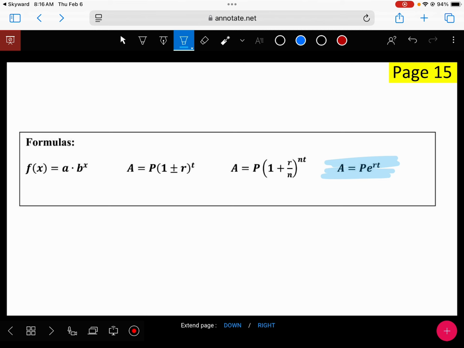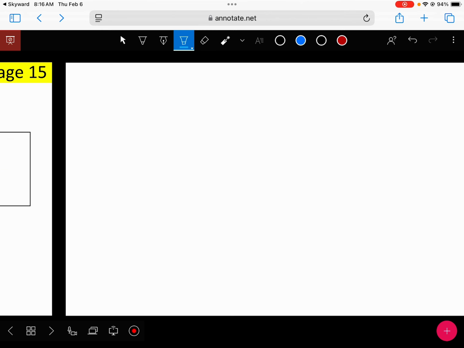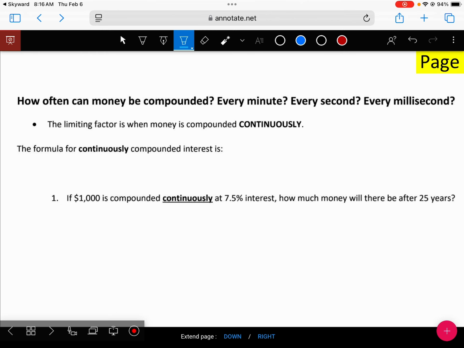So this is our new formula. We only use this formula under special circumstances. The special circumstance is it must say compound continuously. Whenever it says that word continuously, that's when we use this formula.